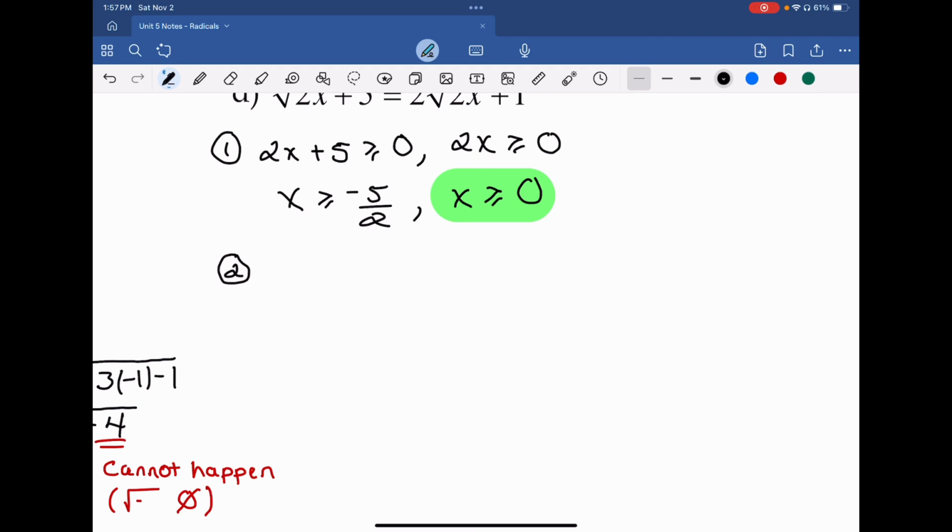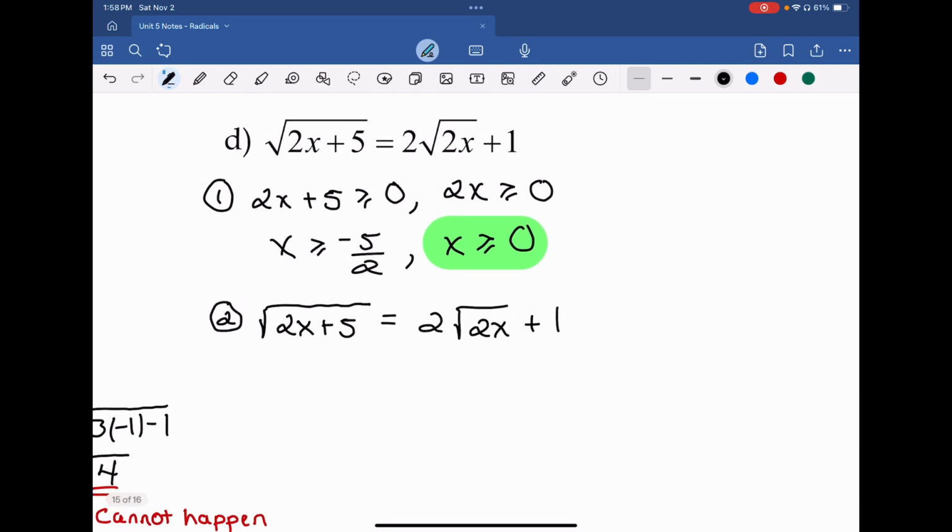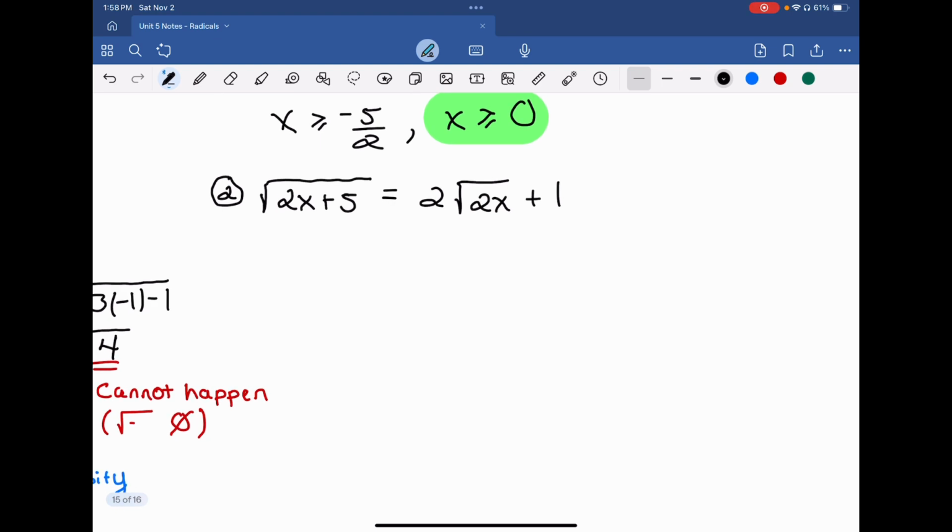So for step number 2, I'm going to take the original radical of 2x plus 5, and then it is equal to 2 times the square root of 2x plus 1. Now what I need to do is square both sides. This is one of those situations where you're going to notice things get a little more complicated for us.